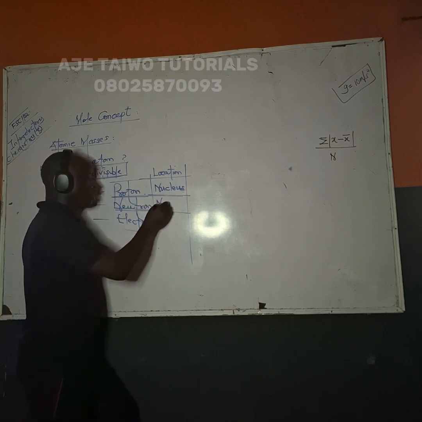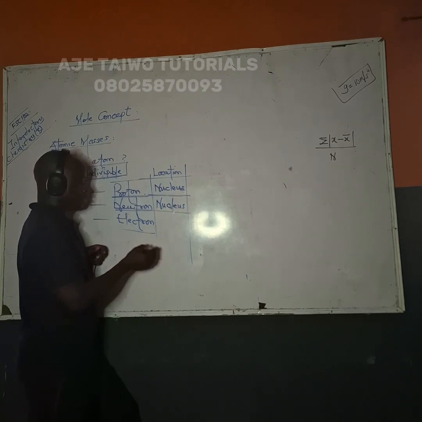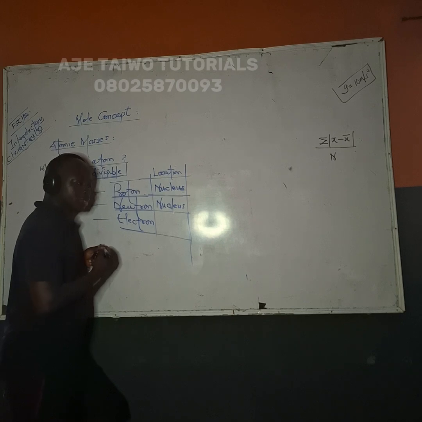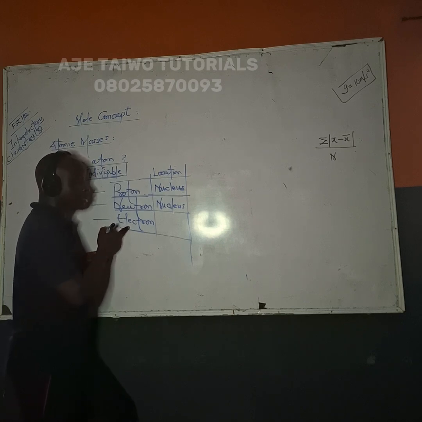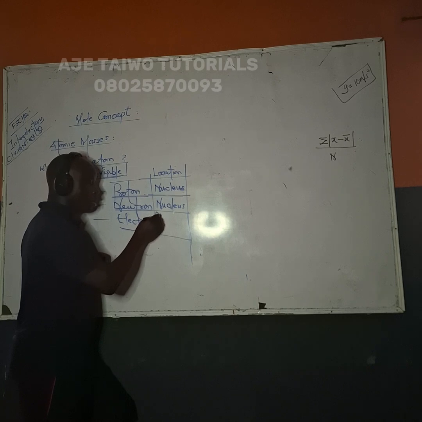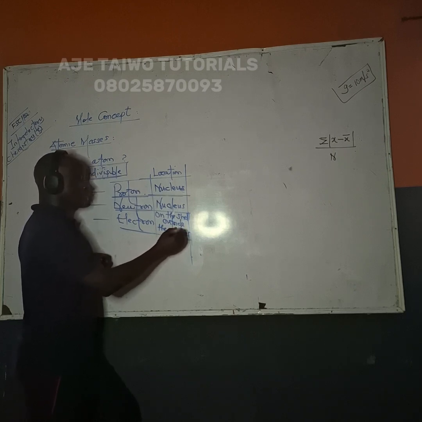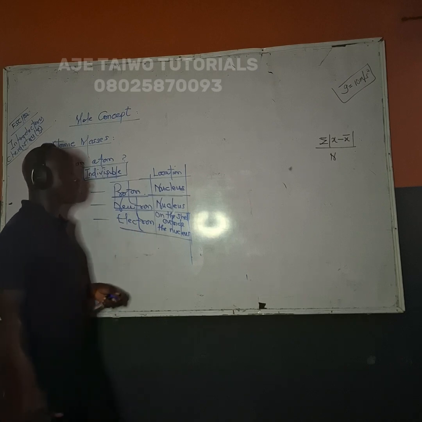In the nucleus. I hope the spelling of the nucleus is correct. Let me check. Where do we find electron? On the shell, or we say outside the nucleus. That's where electrons are found.